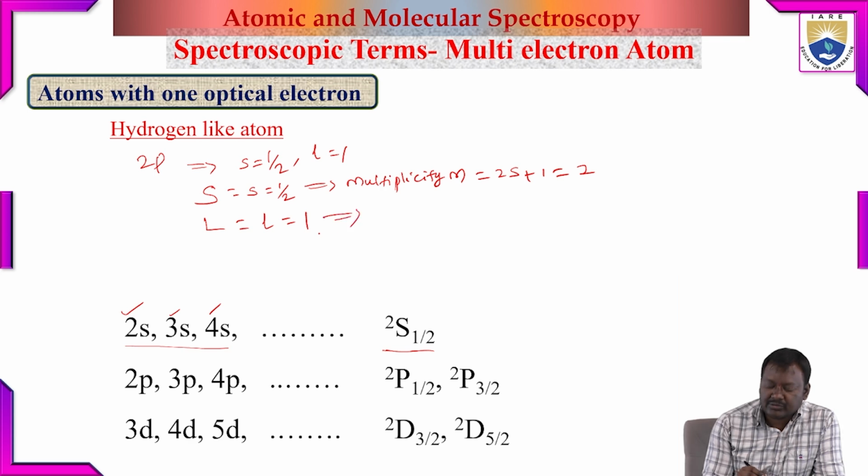So for L equal to 1, the spectral term is P.